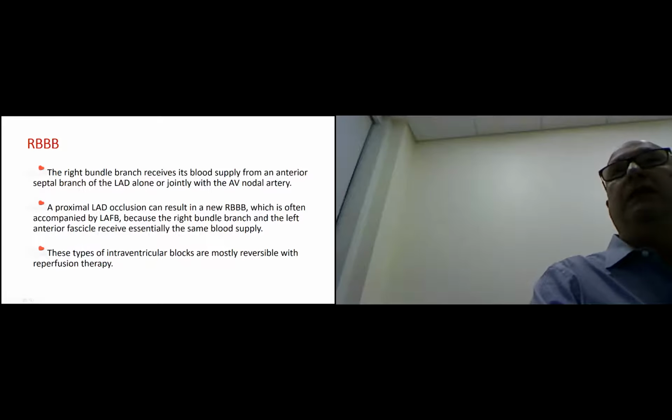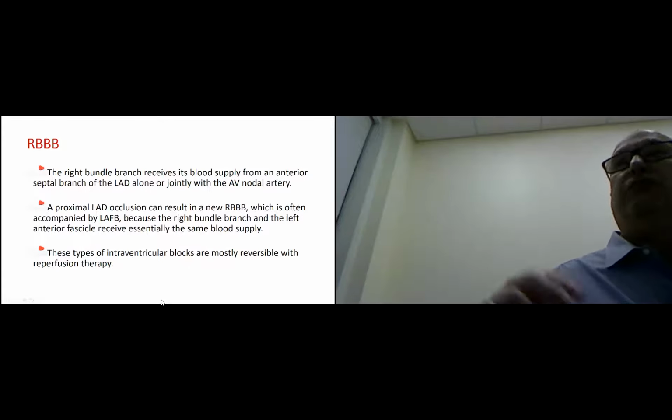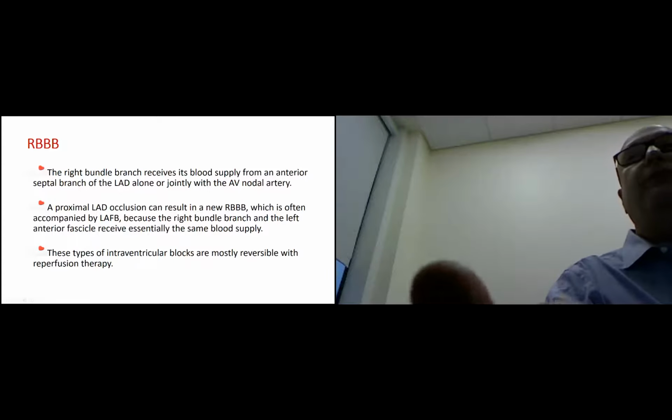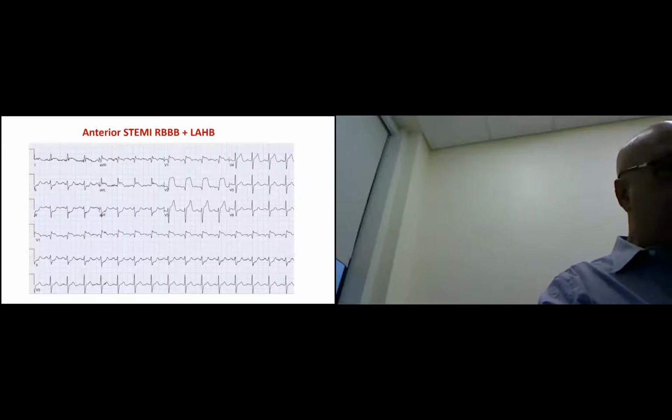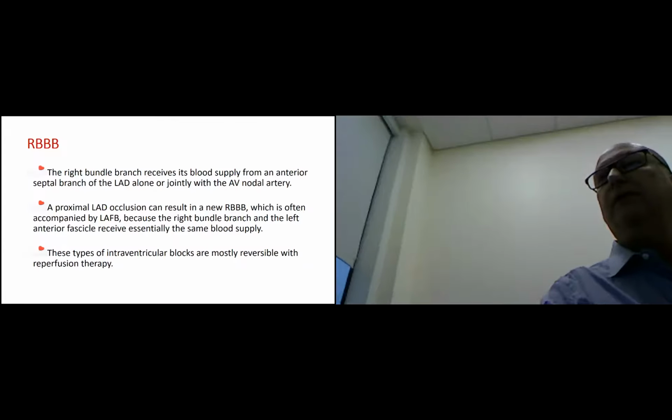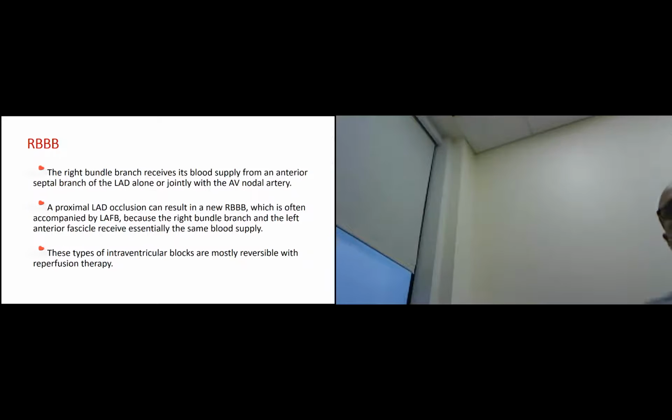shift. So the right bundle branch block, the right bundle branch receives its blood supply from the anterior septal branch of the LAD alone or jointly with the AV nodal artery.